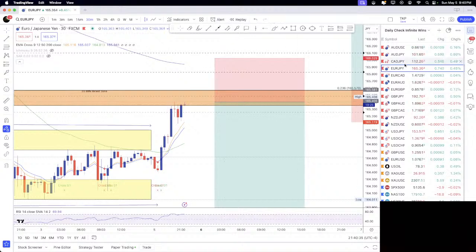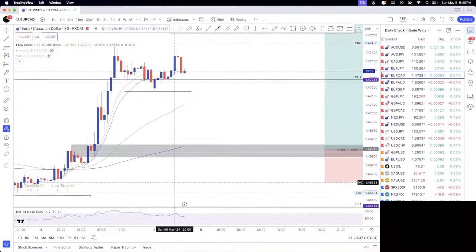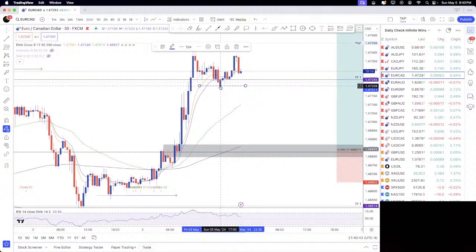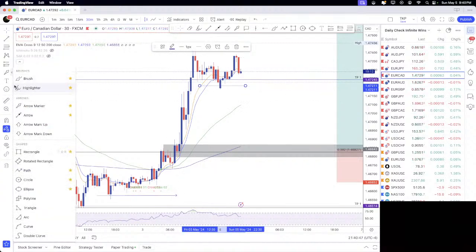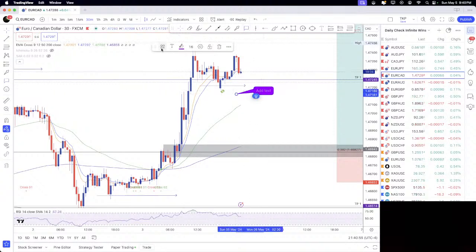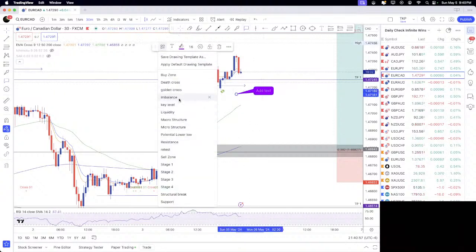Yeah. But with Euro CAD, we definitely got liquidity with these rejections right here. So let's test out the chances of price pulling back to retest that structural level of support.